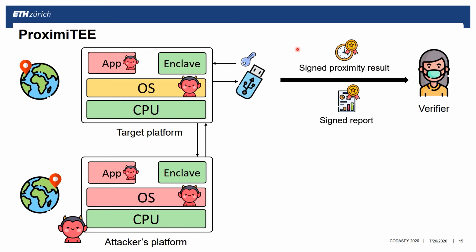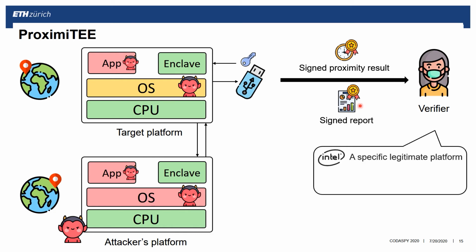So using this, the verifier learns the following on top of the traditional remote attestation: one, she is talking with a specific legitimate platform, so whether this platform or this platform, based on the ProximiTEE result. And second, the verifier is talking with a legitimate enclave running on a specific platform. So she also knows whether the enclave is running here or here. So there is now identity assignment.